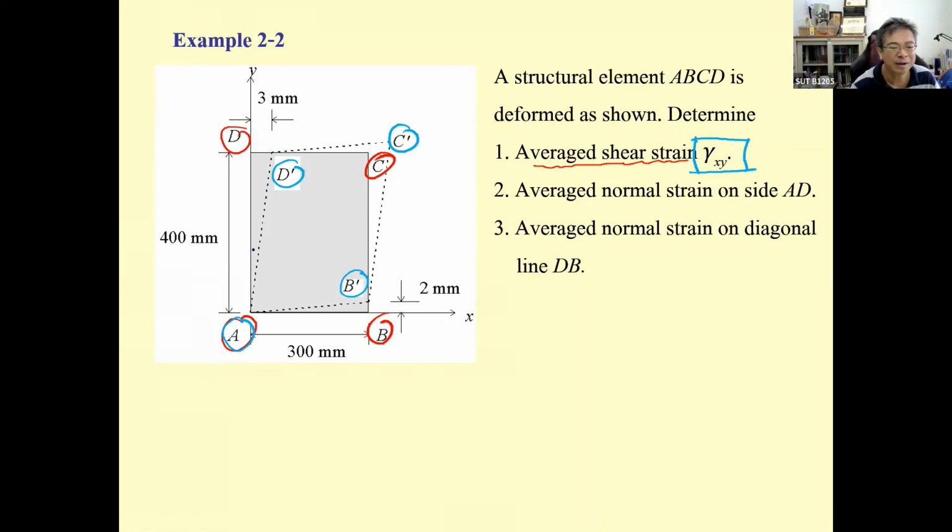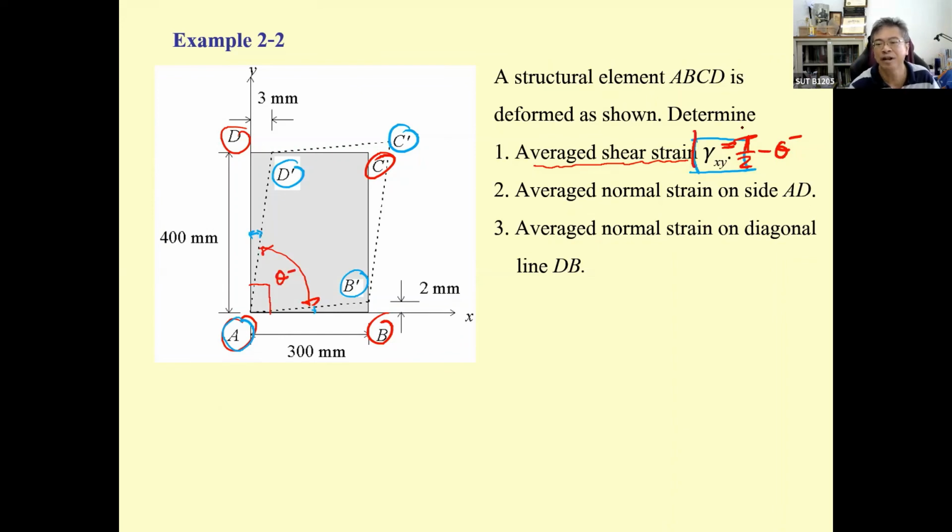By this one, that is going to be this angle and this angle. Why? Because by the definition, this is going to be pi over 2 minus theta prime, and this is going to be pi over 2, and this is going to be theta prime.